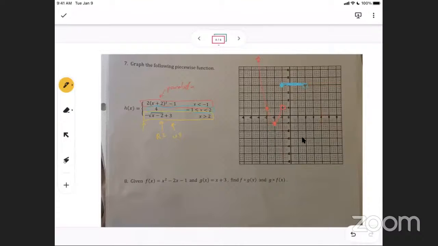Yeah, when you put the negative on the outside, it flips over the x-axis. Good. So it's shifted right 2, up 3, 1, 2, 3, but instead of going up like this, it goes down like this.